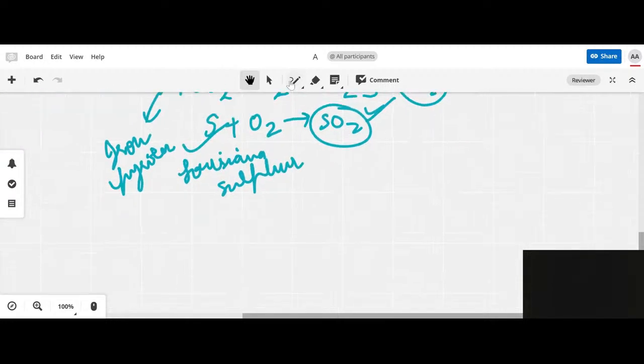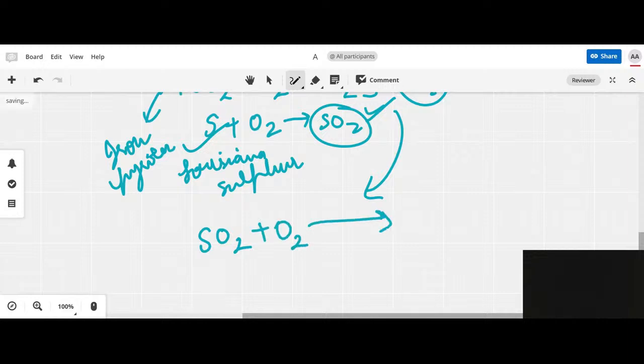As we get SO2, we add O2 in the presence of a catalyst, vanadium oxide, at a high temperature of 450 degrees Celsius, about four and a half times the boiling point of water. This gives us SO3, right? Can you see?